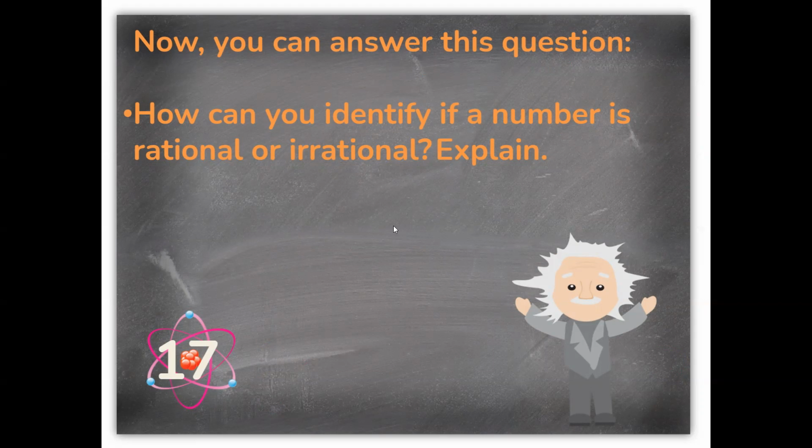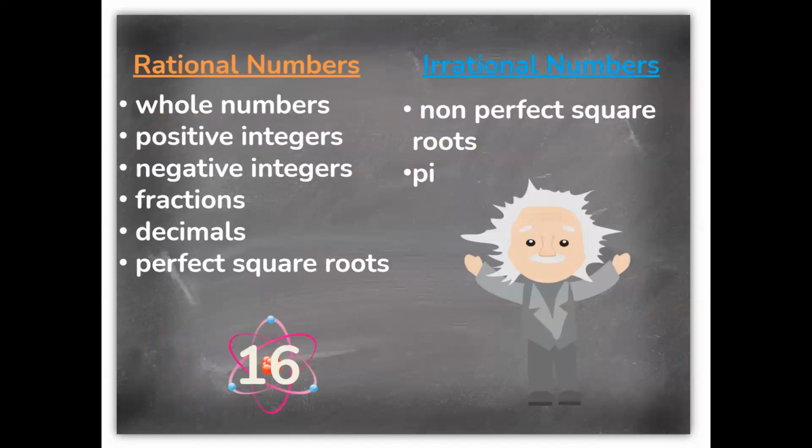The two main ways that I see are looking at rational numbers and looking for irrational numbers. So if you understand the rational numbers of putting everything into fractions, you can say, I'm going to take every single number I see and see if I can write it as a fraction. If I can't write it as a fraction, I know it then has to be irrational.